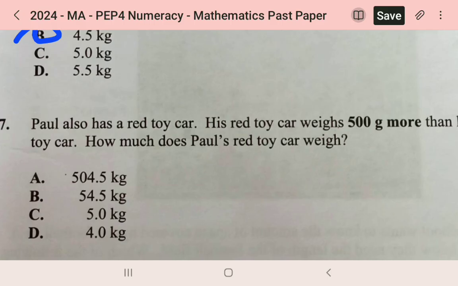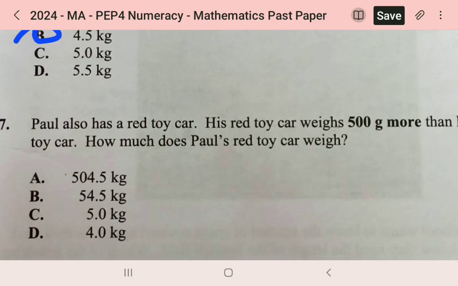How much does Paul's red toy car weigh? Is it 5.0 kg, or 54.5 kg, or 4 kg?